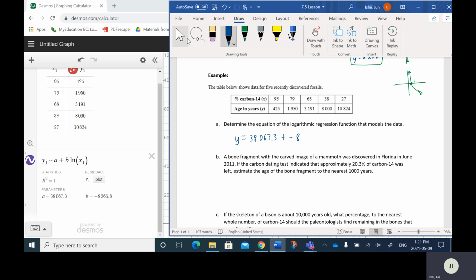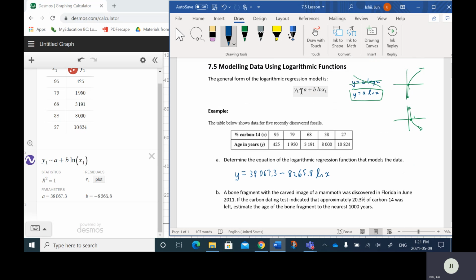Since it's negative, I don't have to write the plus there. Then ln x. Okay, so those are my parameters.